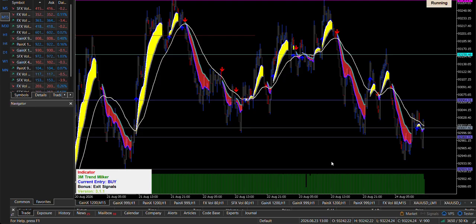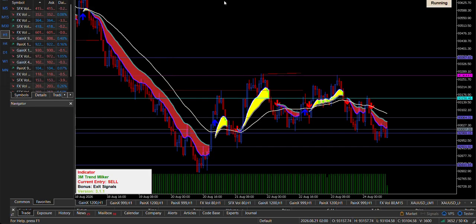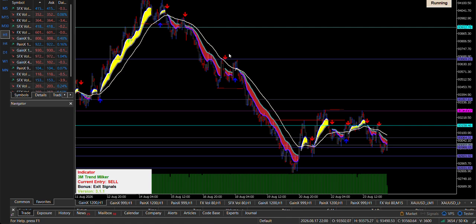Because in the real sense, if you go back to H1, it was preparing for an uptrend. If you notice, some days back we started trading this on a downtrend right from here, and it got to this support zone.